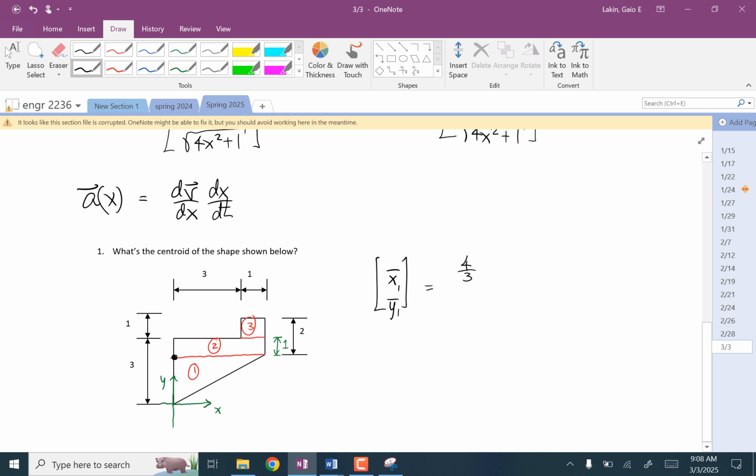And in Y, it's going to be 1/3 of 2, but that's from this black dot down. So going up, well, this is 2, so it's going to be 4/3 up. And then the area of that triangle is the base times the height over 2.